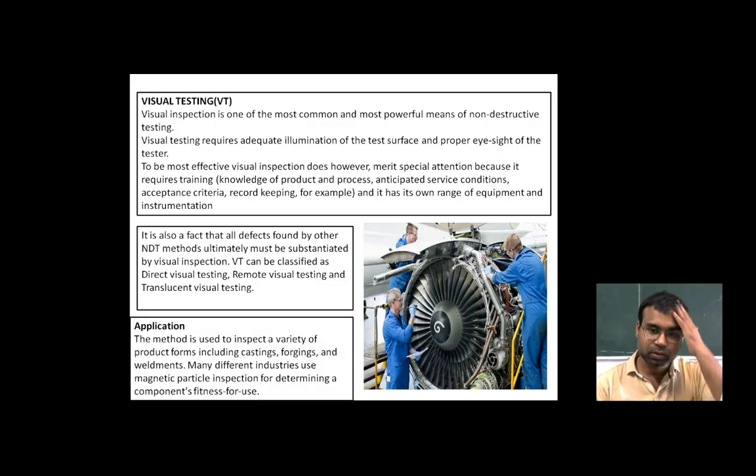With the help of this inspection, flaws on the surface level, or any kind of dislocation or disarrangement in the product, can be identified very easily. So we discussed these things in earlier classes.